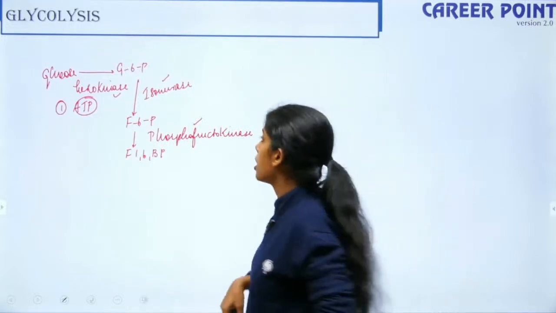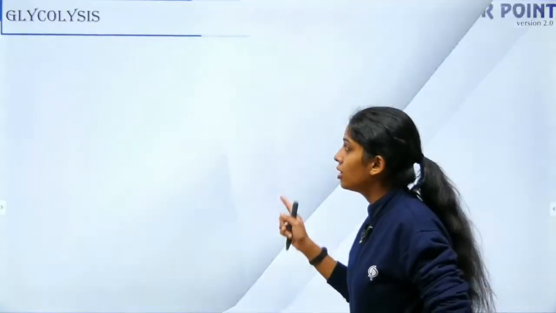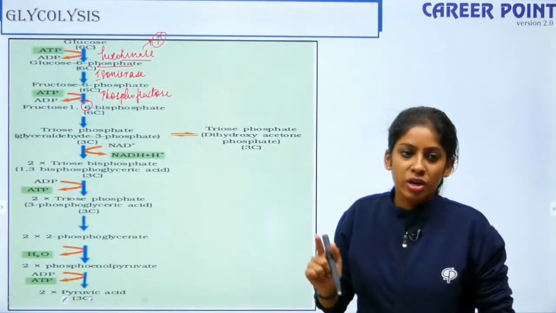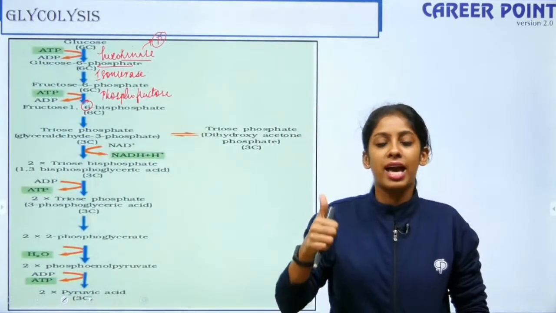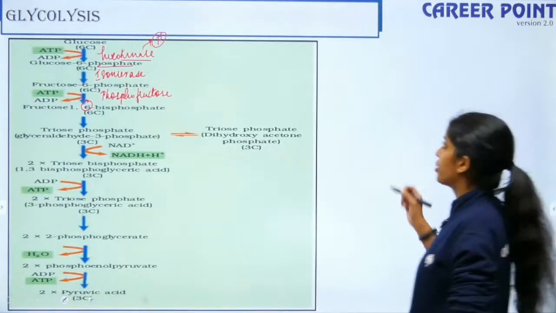Okay, fine. So now you don't have to remember all the 10 steps, that's completely fine, but remember it is a 10-step process. Here you have to remember the net ATP and the NADH count.